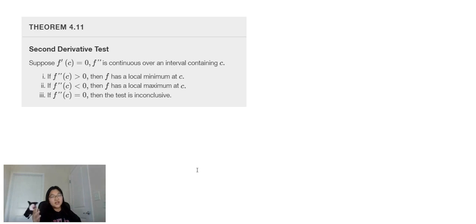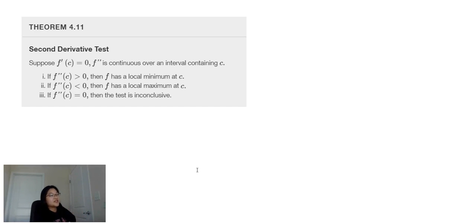But the way we talked about it was using the first derivative, right? So the first derivative is positive, and then the first derivative is negative, and then we had a maximum. If our first derivative is negative, and then our first derivative is positive, then we have a minimum. And if our first derivative does not change signs, then we don't have a local extrema. So that's the first derivative test.